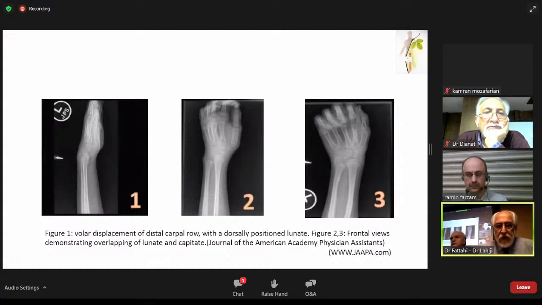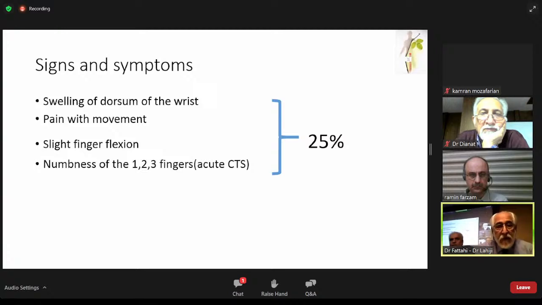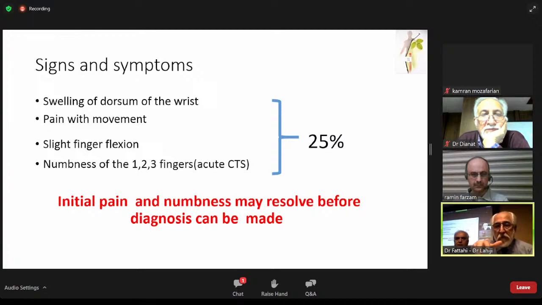So it may happen in children, and the treatment could be very different. The signs and symptoms are swelling of the dorsum of the wrist, pain with movement, slight finger flexion, and numbness of the radial 3 fingers. But these symptoms may disappear by the time you see the patient. It's somehow not permanent.